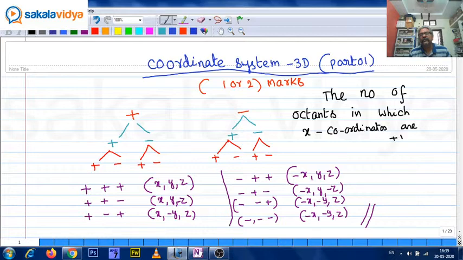For example, this question is asked: the number of octants in which x coordinates are positive. So x coordinates are positive means, right. Now I will write that, don't worry.